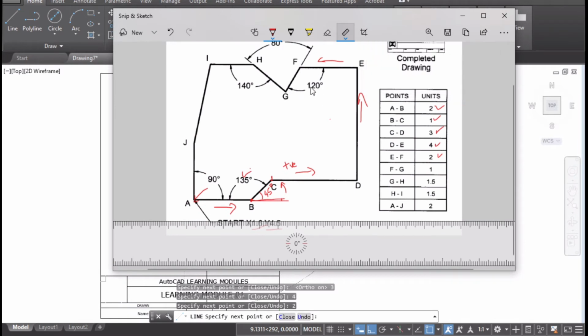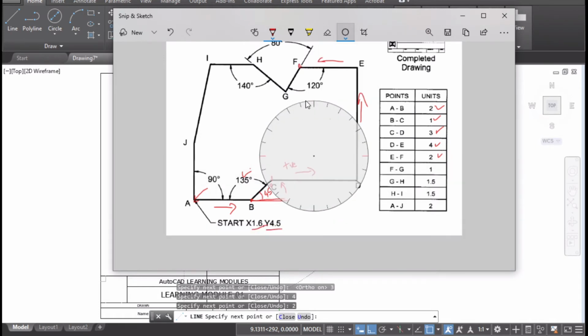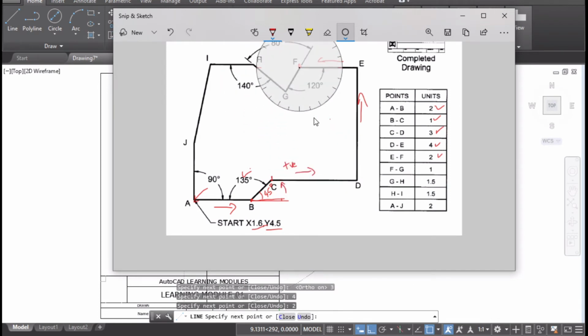So here, whenever you see an angle coming, as I told you, this is the rule to remember. Imagine your clock, and you have your clock on the point where you want to draw your line. So if this is your clock, and this direction is obviously your 3 o'clock line, right?